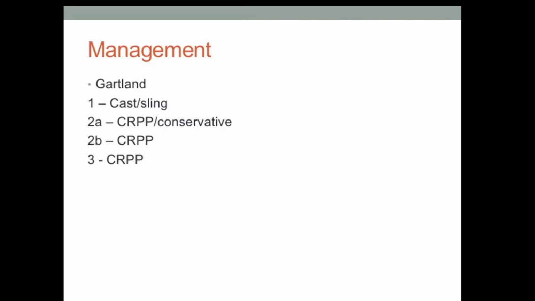So the Gartland 1s can be managed either in a cast or potentially even just in a sling. 2As are a slight area of controversy, with some surgeons choosing to manage these conservatively, some choosing percutaneous pinning. And those that have a rotation element, the 2Bs, or the ones that are grossly off-ended, like the 3 or 4s, clearly need percutaneous pinning.